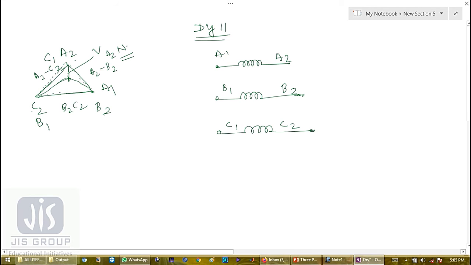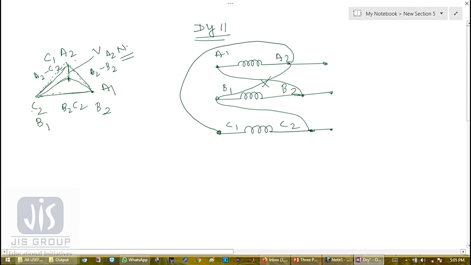So connect A2 to C1. Connect B1 to C2. Connect A2 to B1, sorry, this is wrong. Connect A1 and these are the brought out terminals.